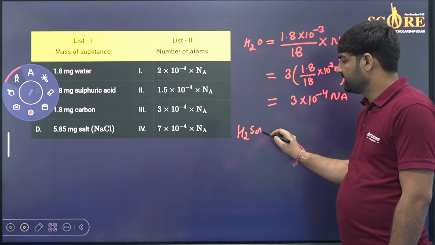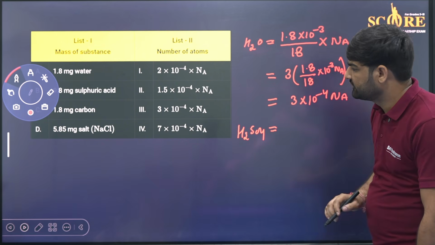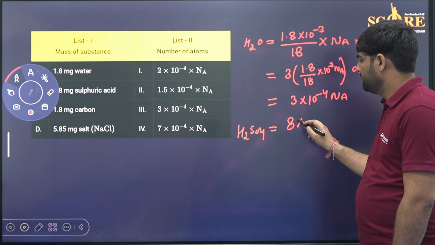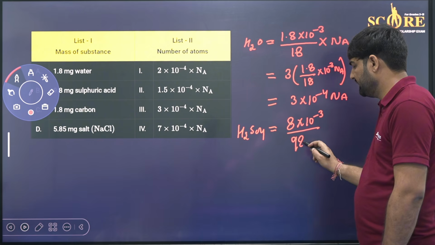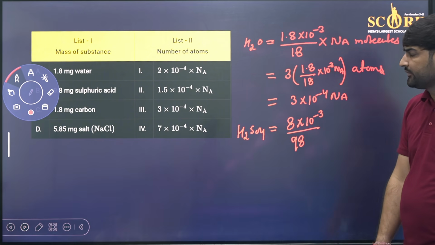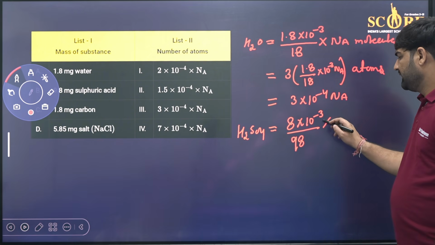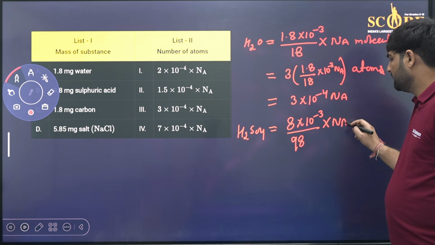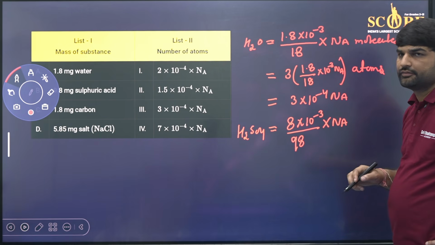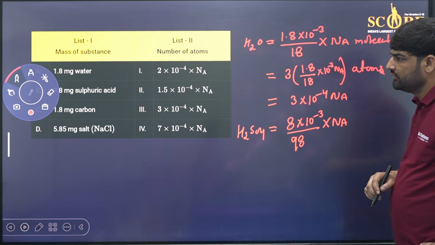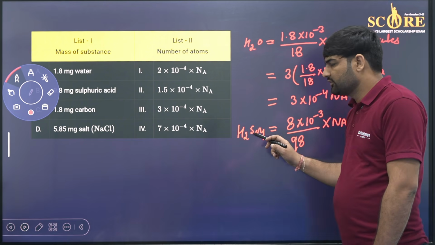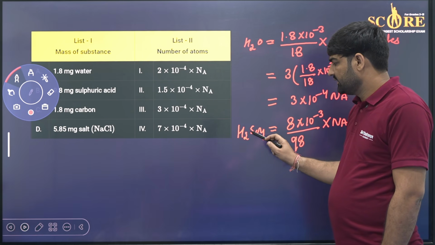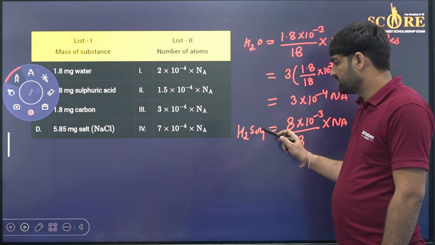Now we will talk about H2SO4. So this is H2SO4, 8 milligram, 10 raised to power minus 3, this is gram, divided by 98. I think this is moles, and we have to multiply by Na. Mole multiplied by Na will give you number of molecules, and we know a single molecule of H2SO4 contains 2 hydrogen, 1 sulfur atom and 4 oxygen atoms.